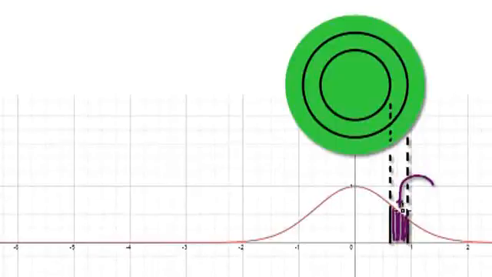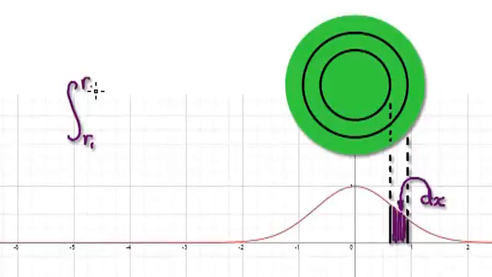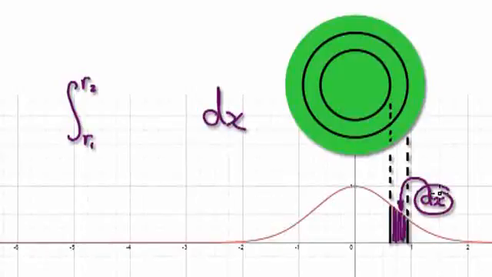Remember, we are trying to work out this whole volume here, but to work out the whole volume, we need to sum up all the cylinders. Let's just look at one particular thin cylinder. The thickness associated with this one cylinder is dx, so we need to consider the integral from R1 to R2 of something dx.